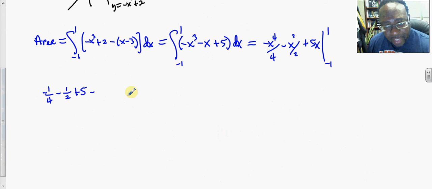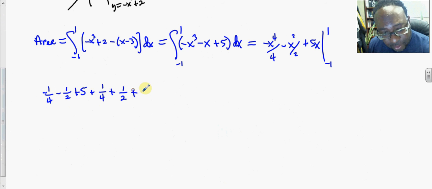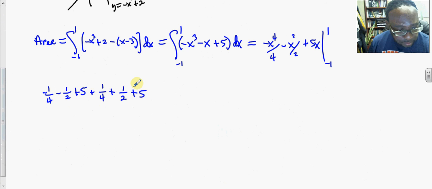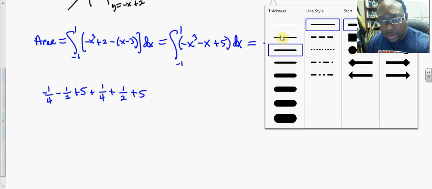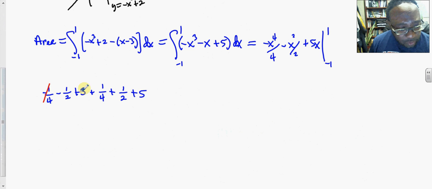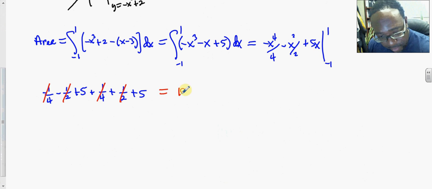So it's a minus, this minus, so that's positive 1/4. Minus this minus is positive 1/2. And then this is minus 5 times negative 1, so that's positive 5. So let's see what cancels out. So the 1/4 cancel, the 1/2 cancel, so the area is 10.